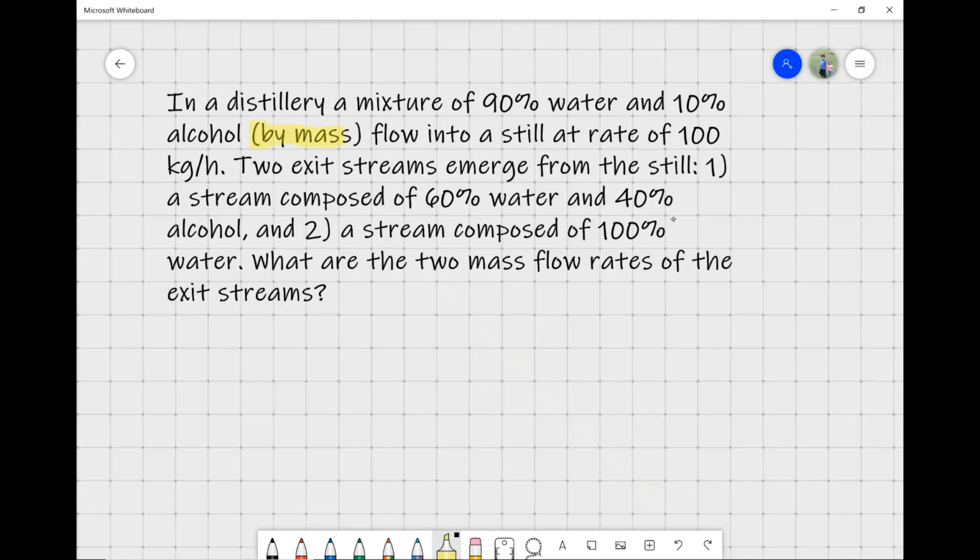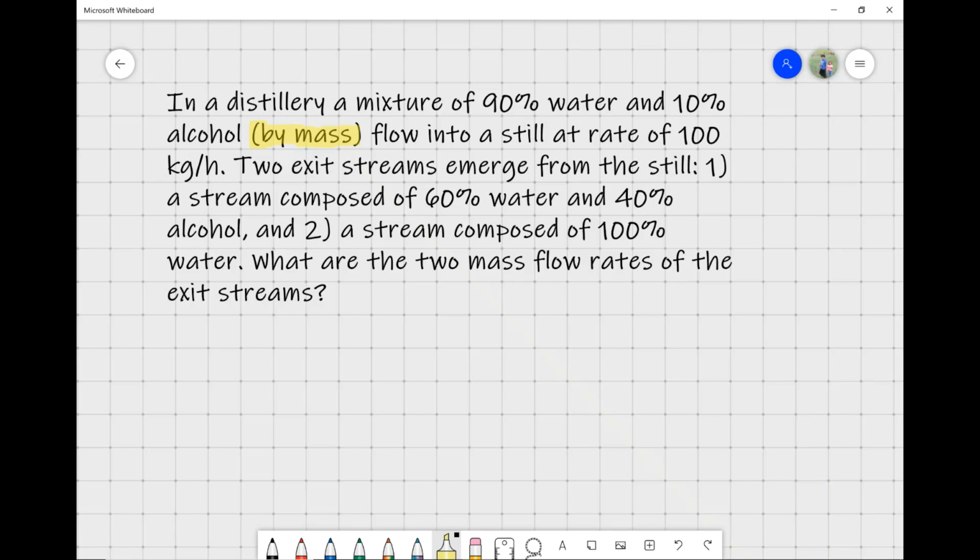I specified here that it's by mass. If it was by mole or by volume, we'd have to know some other things, like what kind of alcohol it was. If it was ethanol, we would know the chemical formula of ethanol. But we don't need to worry about that right now because we know it's by mass.